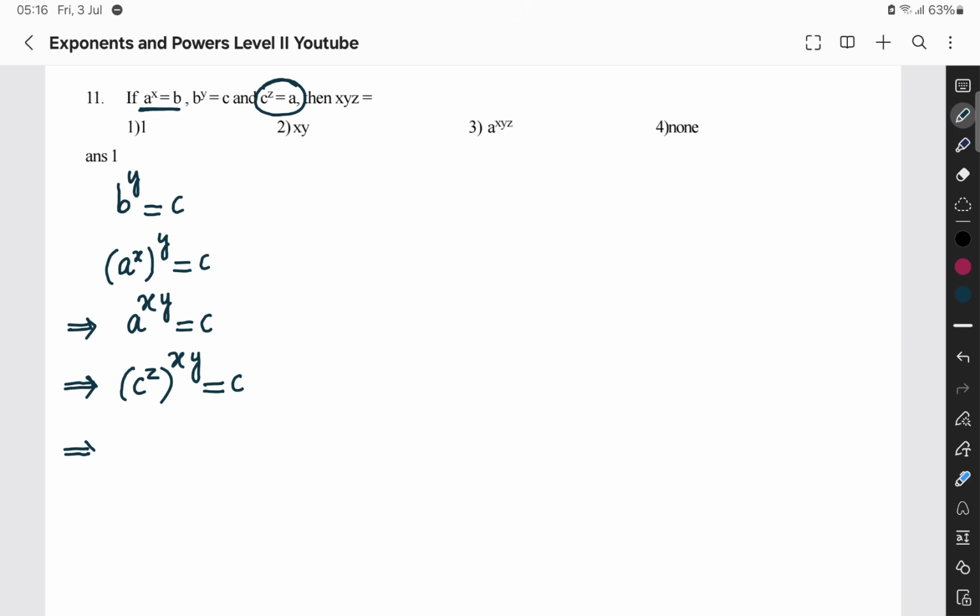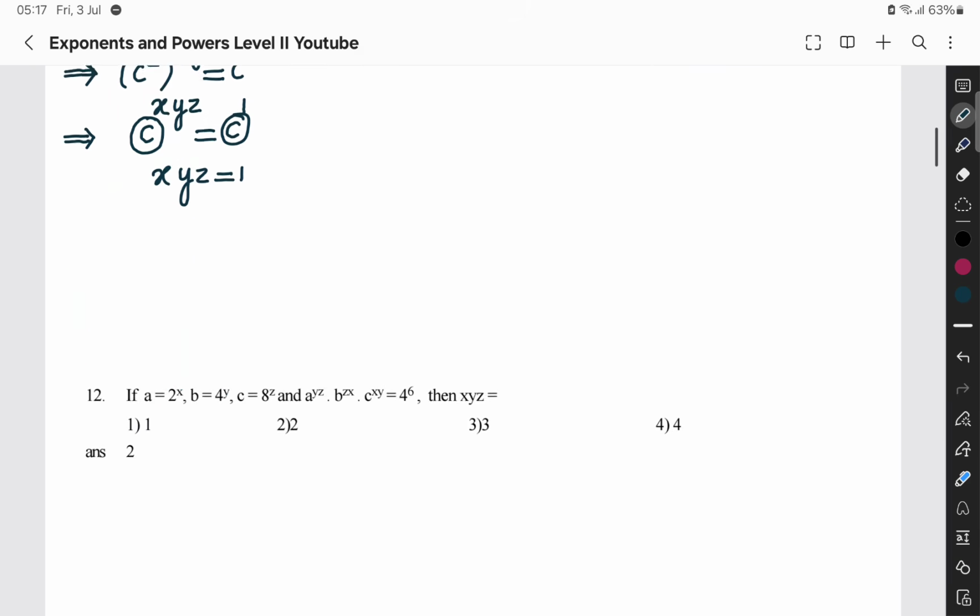So, from this, c power xyz will be equal to c to the power of 1. So, I can write xyz will be equal to 1 as the bases are equal. So, the answer is 1.